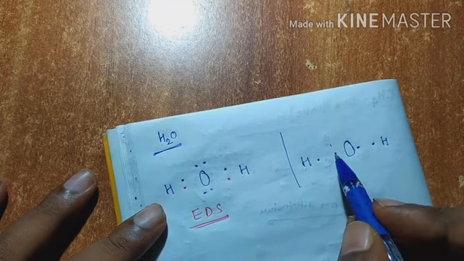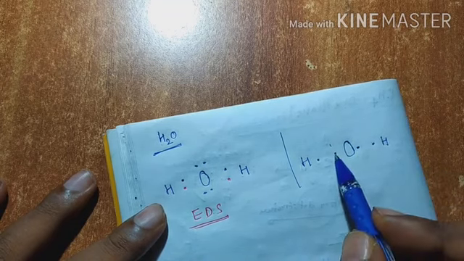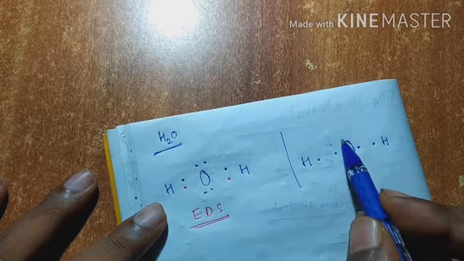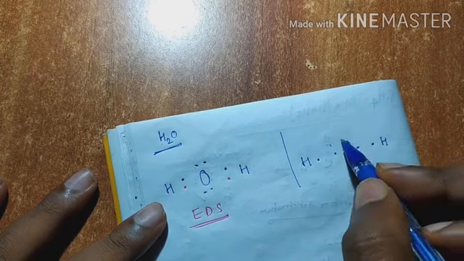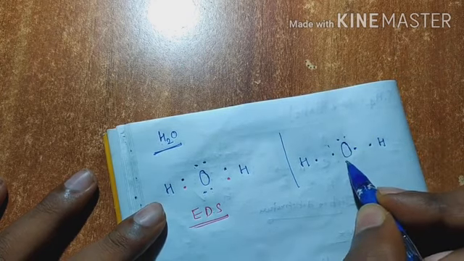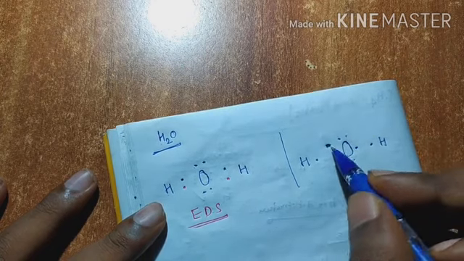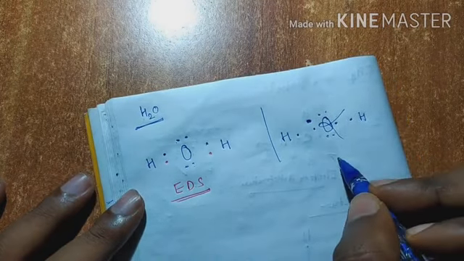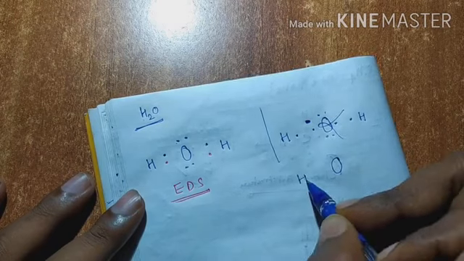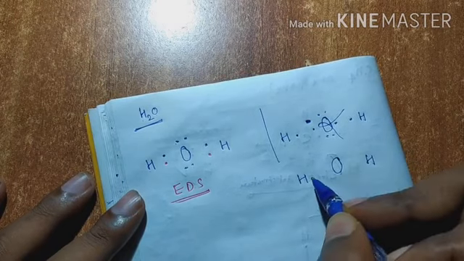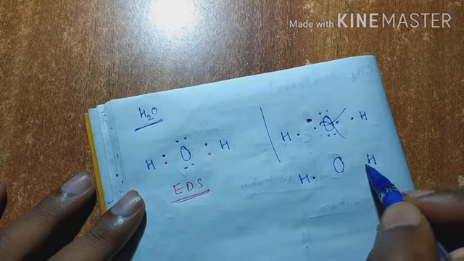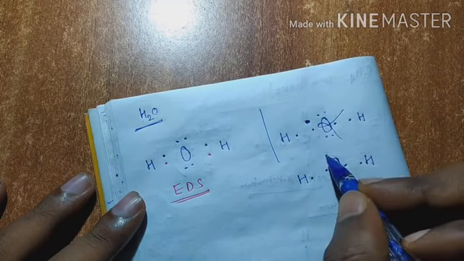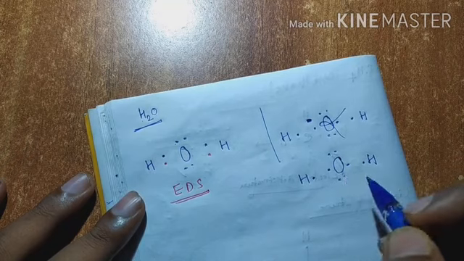How many electrons are remaining? 1, 2, but there are 1, 2, 3, 4 still, so don't show here 1. First of all I will show here 1, 2, 3, 4. Okay, this one, oxygen, here is hydrogen, 1 electron, 1, 2, 3, 4, 5, 6.